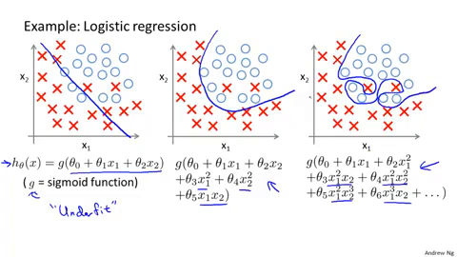And if the features x1 and x2 are for predicting maybe cancerous, malignant, or benign breast tumors, this really doesn't look like a very good hypothesis for making predictions. And so once again, this is an instance of overfitting and of the hypothesis having high variance and being unlikely to generalize well to new examples.